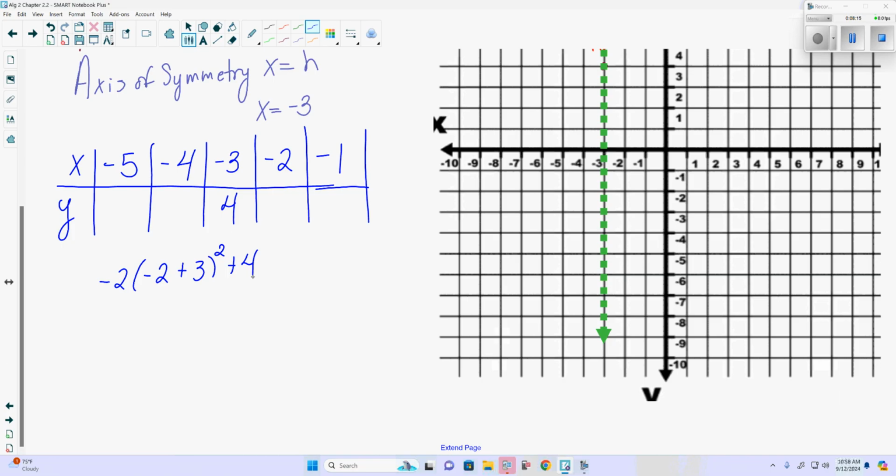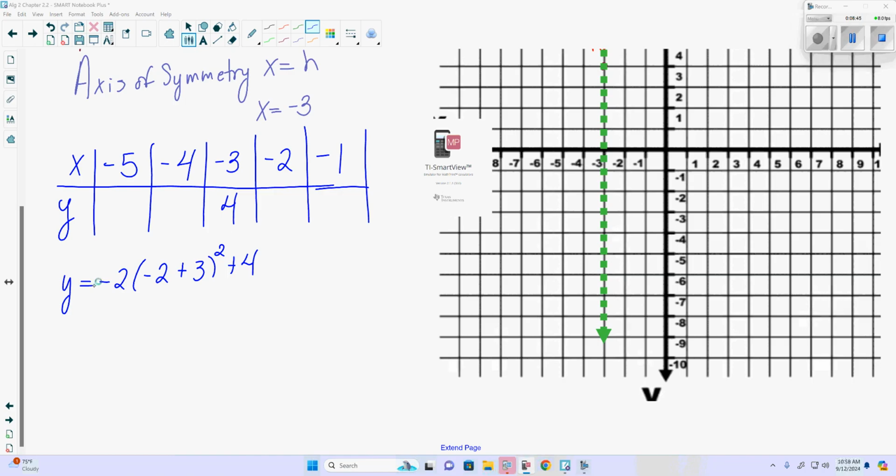Now, we'd have y equals. Is anything on the right side of that equal sign a variable? No, we have -2 parentheses -2 plus 3 close parentheses squared plus 4. I can type that entire thing into the calculator exactly as it is and get an answer. We don't have to do this by hand.